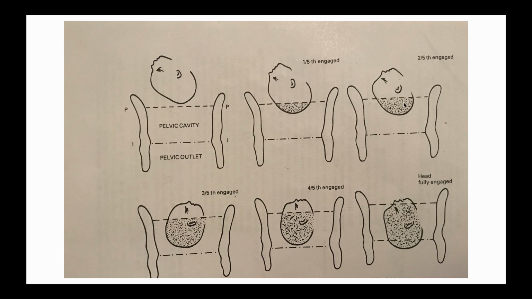And as it progresses, we have 2/5, 3/5, 4/5, as well as a fully engaged head. And over here, as you can see, the fetal head is just below the ischial spine.